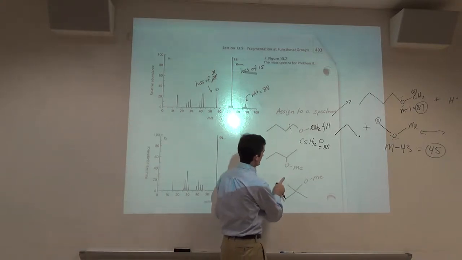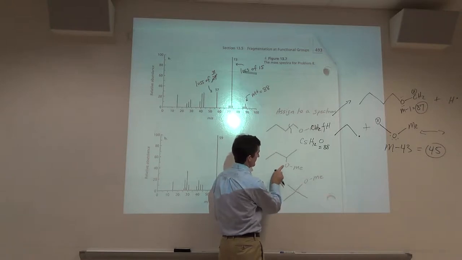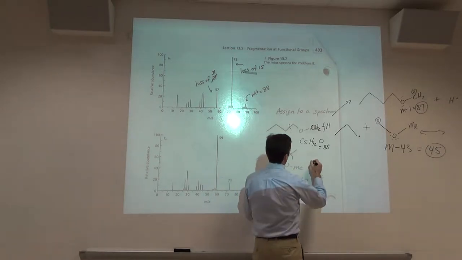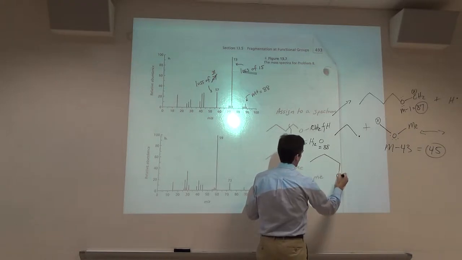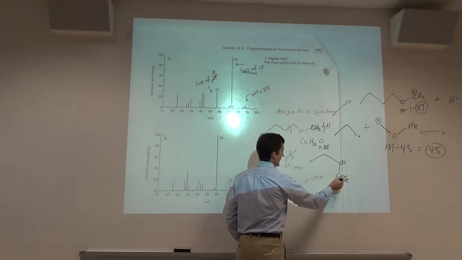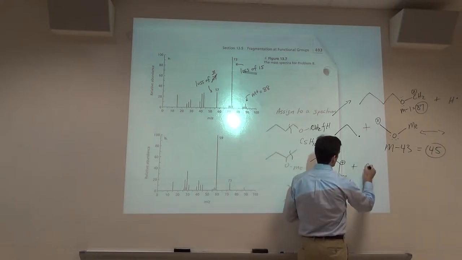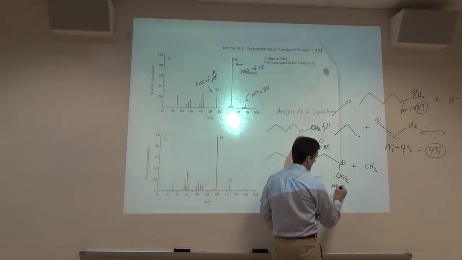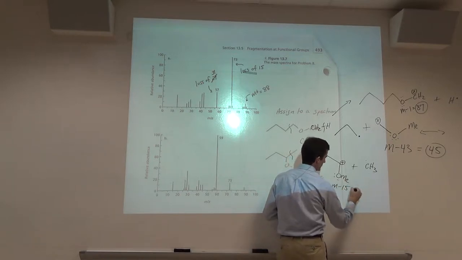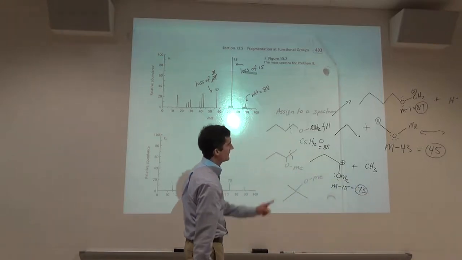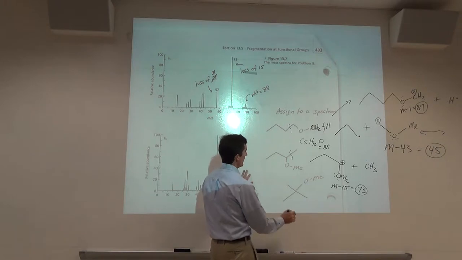What would it give for the second one? Well, we can cleave here. This would give that cation next to a lone pair plus CH3 radical. That would be M minus 15. 88 minus 15 is what, 73? That's different from over there.